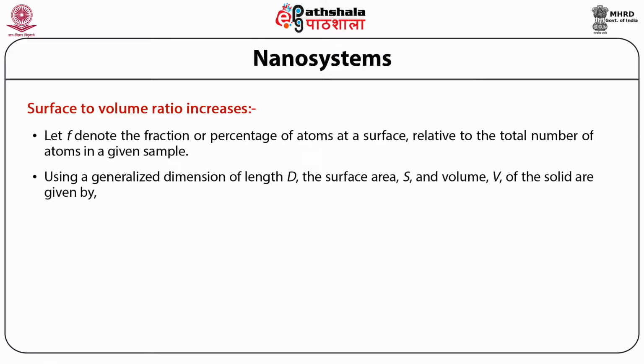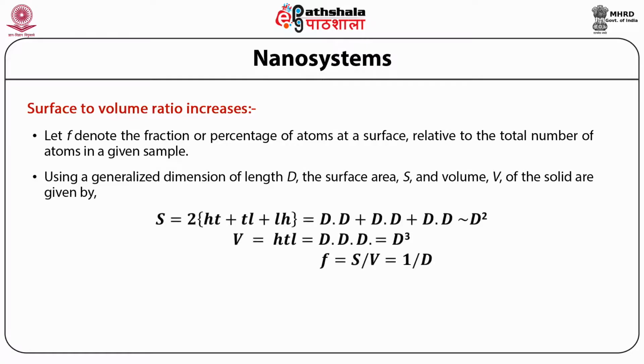The surface area S and the volume V of the solid are given by S is equal to 2 multiplied by (HT plus TL plus LH), which is equal to D·D plus D·D plus D·D, which is approximately equal to D squared. Now V is equal to HTL equal to D cubed.